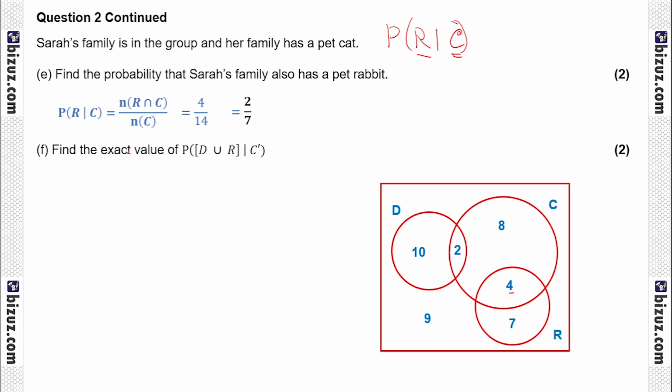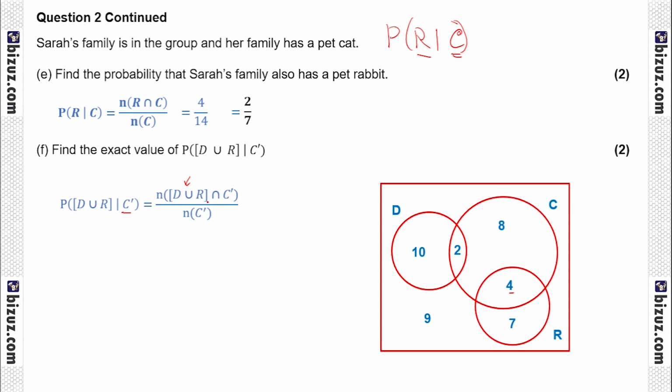Part F. Find the exact value of the probability of D union R given C prime. And I think you have got the hang of this. So we are again going to use our basic probability formula. The probability of D union R given C prime is this one and also this one happening at the same time, because this is the given event.